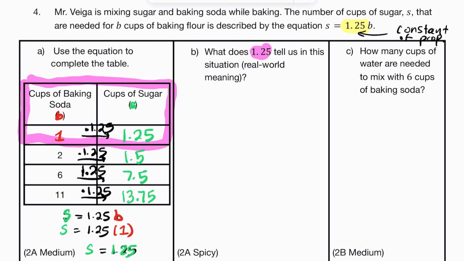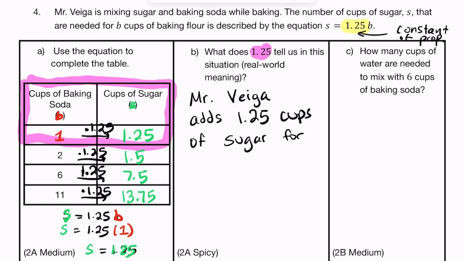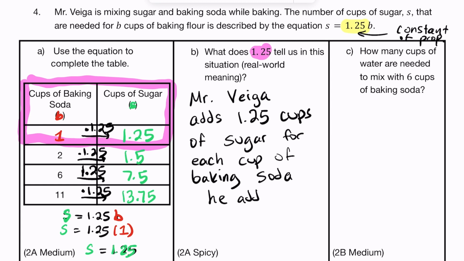Okay, so that means in my recipe, Mr. Vega adds 1.25 cups of sugar for each cup of baking soda he adds. Okay, so per cup of baking soda, each is saying 1, so here I have my 1 cup of baking soda and 1.25 cups of sugar.